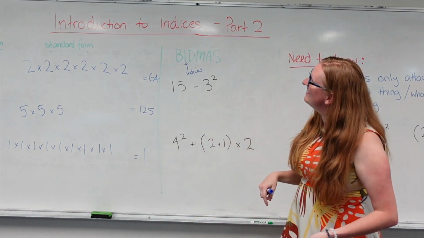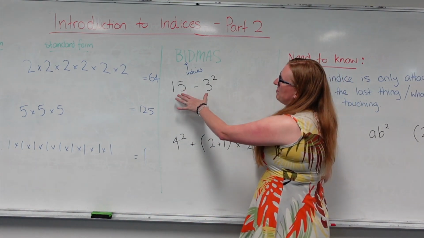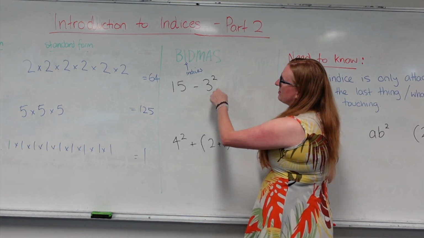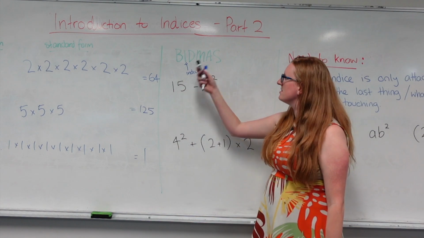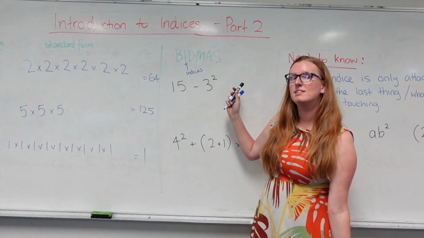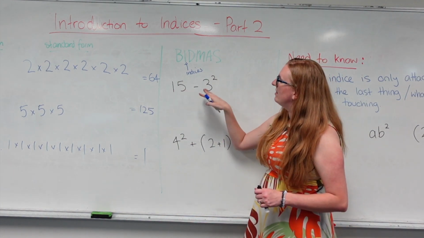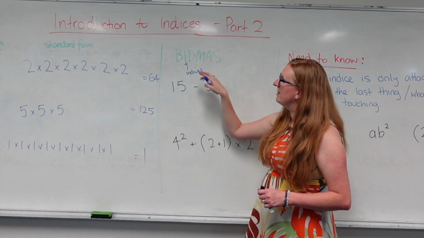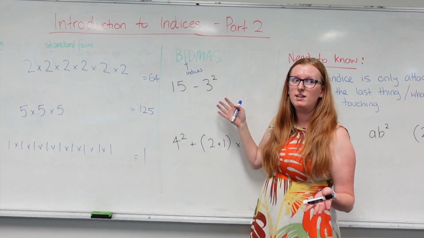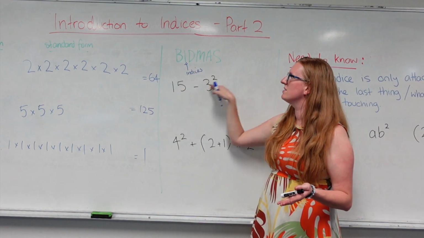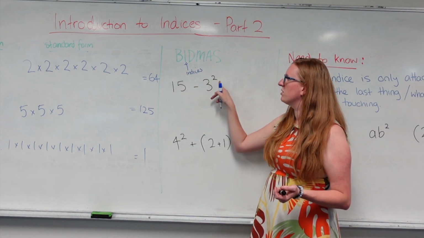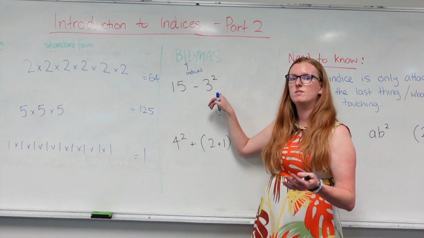All right, so here we've got 15 minus 3 squared. So obviously let's solve this using our BIDMAS. Now, there's no brackets. So there's no B, so I'm then moving on to indices. So the first thing that I'm going to be doing is my 3 squared. So 3 times 3 gives me 9.